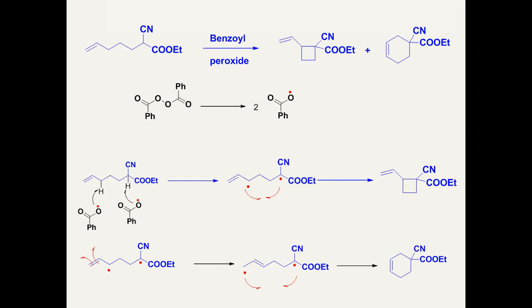But remember, which is major and which is minor? The major compound will be the one formed from the more stable free radicals. So what is that, the six-membered ring or the four-membered ring? That is the four-membered ring. It is the ring formed from the more stable free radical.